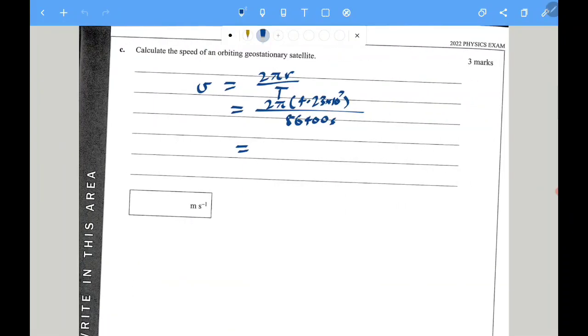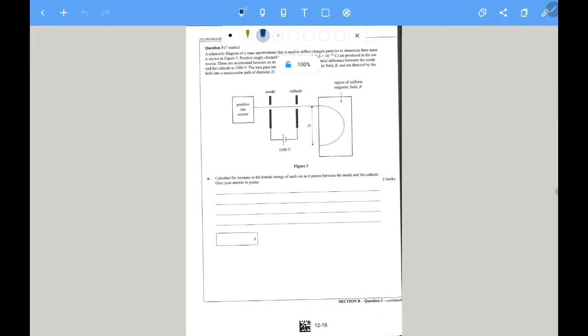Alright, so making the substitution for our period, we get that the speed is equal to 3.1 times 10 to the power of 3. Alright, so let's move on.